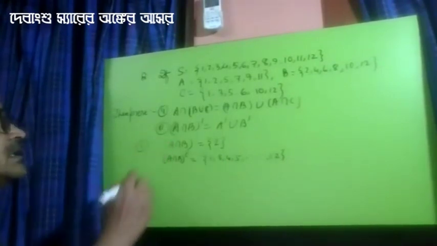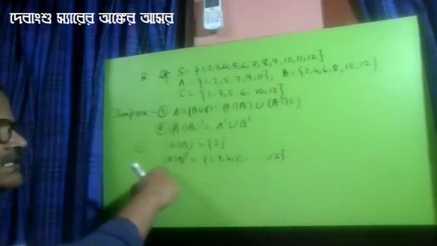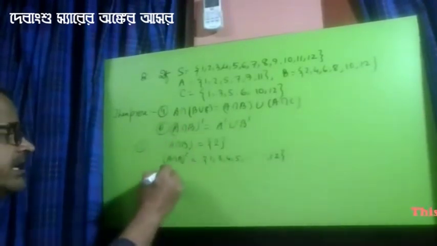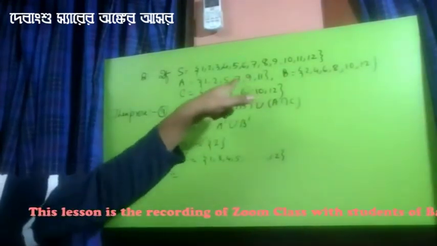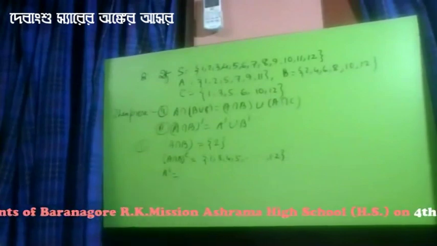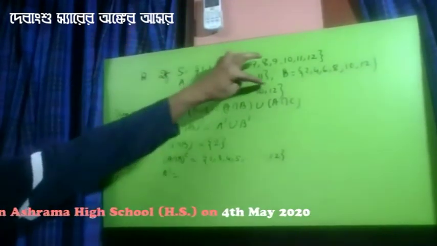To save time. Next, the left hand side set is already constructed. Now A complement. A is 1, 2, 5, 7, 9, 11. So A complement means elements of S except these elements.